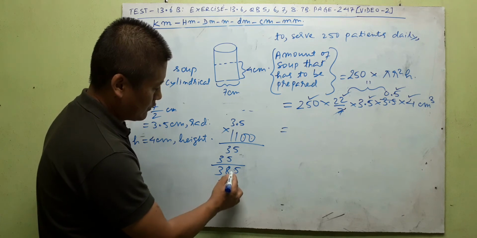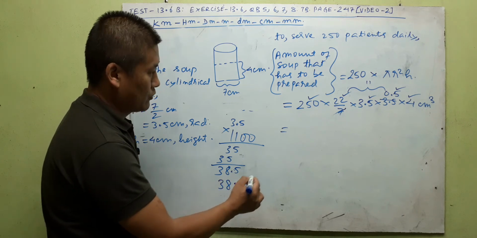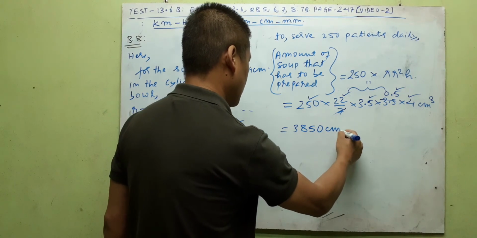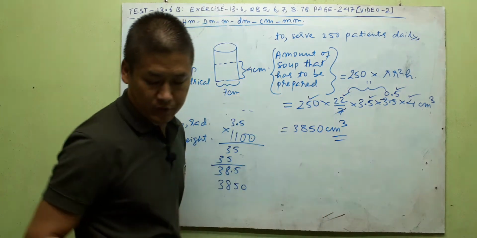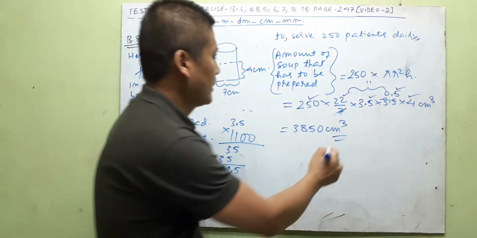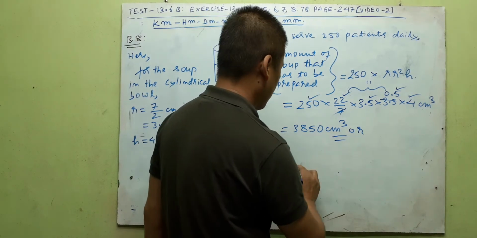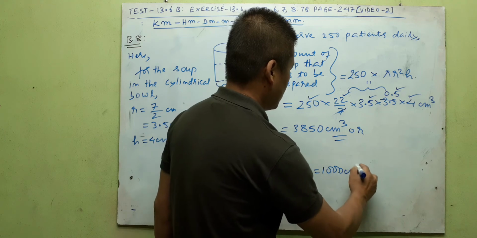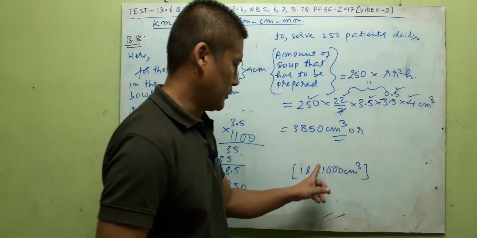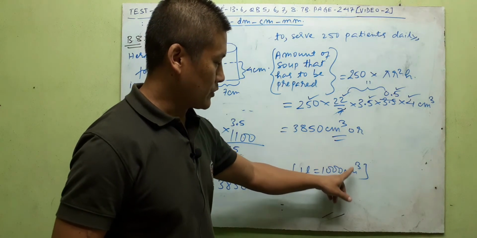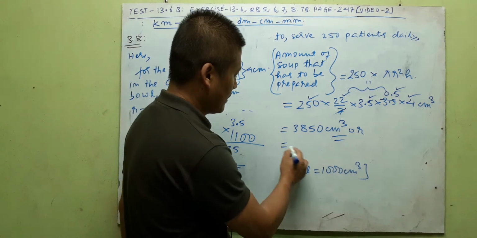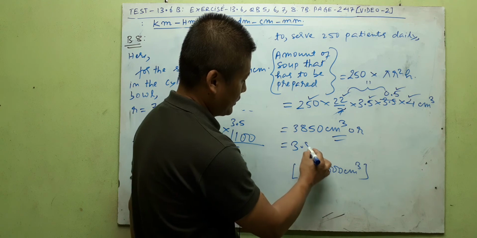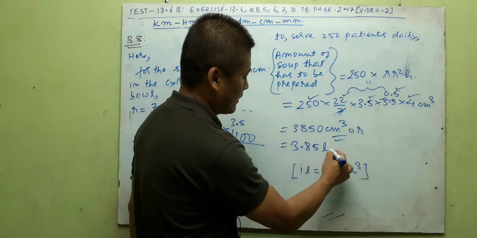So this is 3850 centimeter cube of soup required. Or if you want to convert this to liter, we know that 1 liter is equal to 1000 centimeter cube. Converting small to big, we divide by 1000.